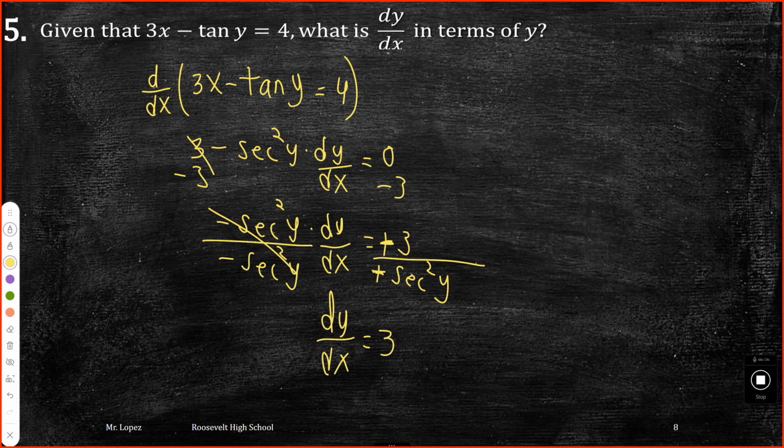But what's secant? What's the reciprocal function of secant? Isn't it cosine? 1 over. But it's already under it, no? So if it's 1 over secant, it's now cosine. So this should be cosine squared y? Yes.